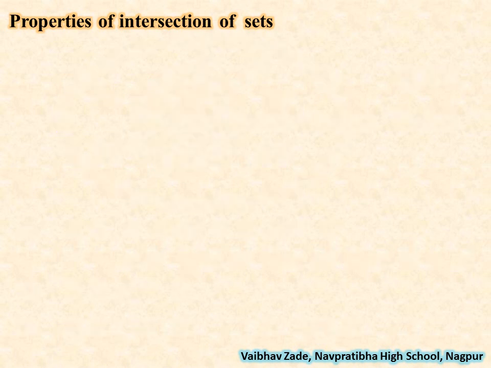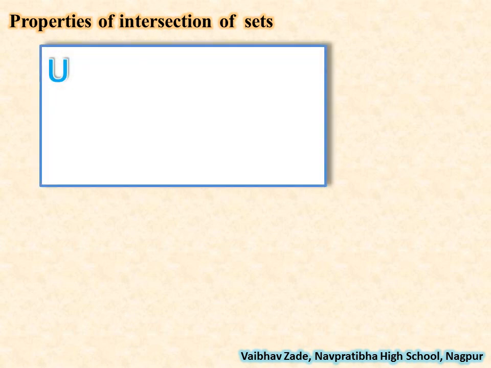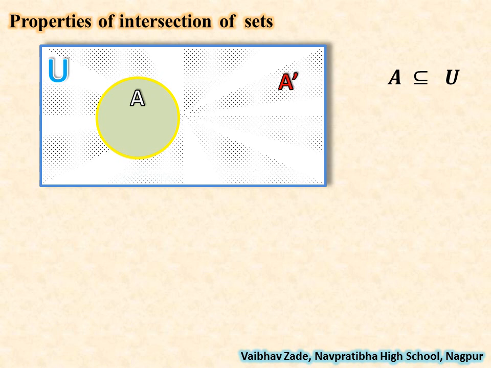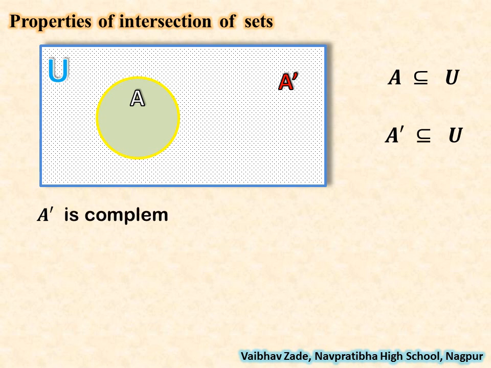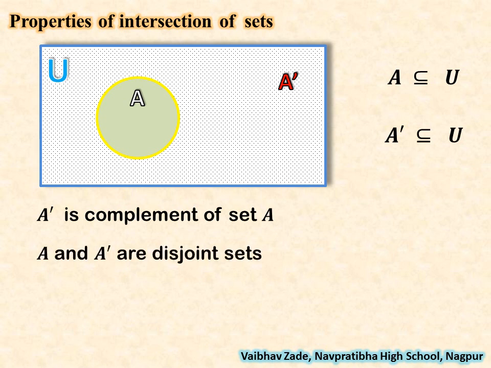Let's see our next property of intersection of sets. Here we have the universal set U, and we know that A is a subset of U, and we also have the complement of set A, which is A dash, and A dash is always a subset of U. So A and A dash are both disjoint sets, with no common element between them.